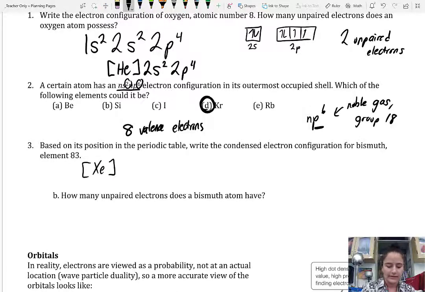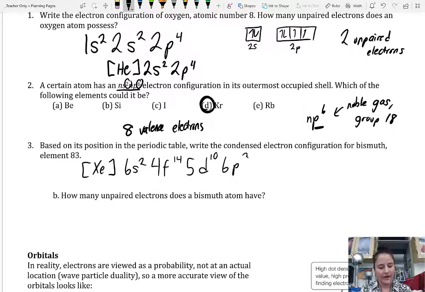Starts in row 6. So xenon, 6s2, and then I have the f block, which remember goes down by 2. So it would be 4f14, 3d, oh, not 3d, what am I doing? Okay, 5d10, and then I'm in bismuth in the p block, and it is 6p3.